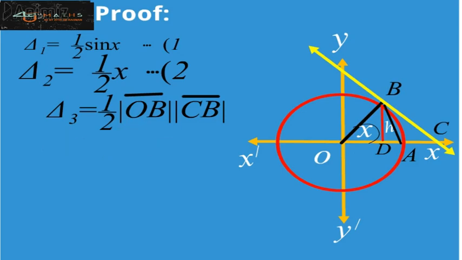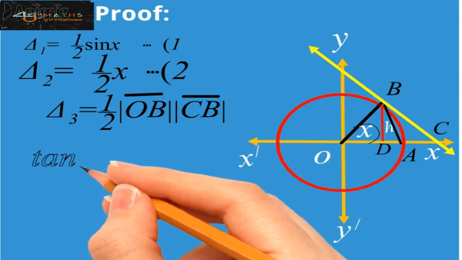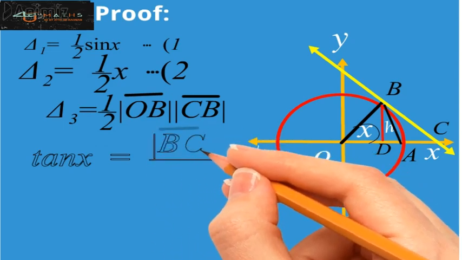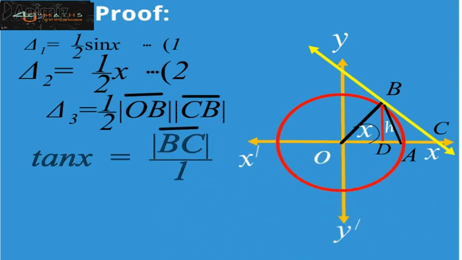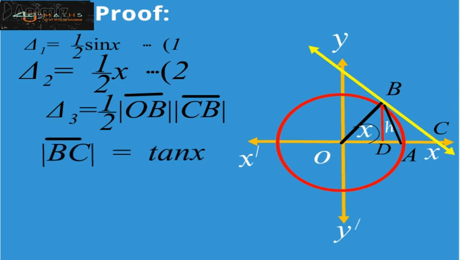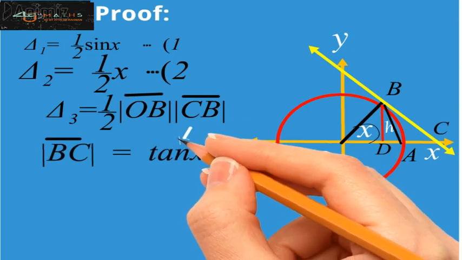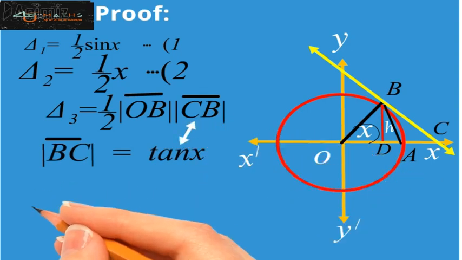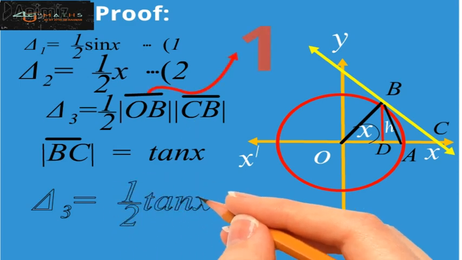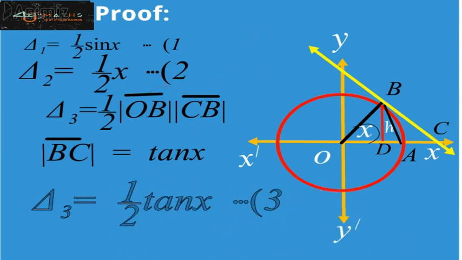And in this triangle, tangent of x is equal to BC divided by 1. Thus, BC is equal to tangent of x. Now replacing BC by tangent of x, delta 3 is equal to half tangent of x. Mark this as our third relation.